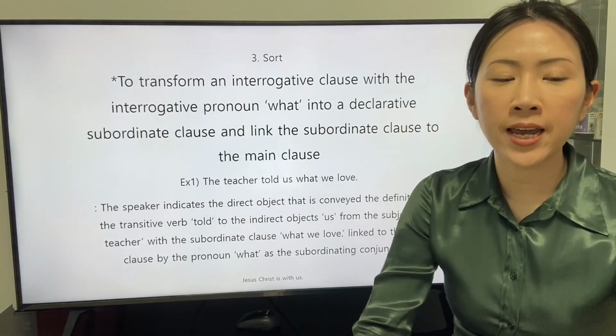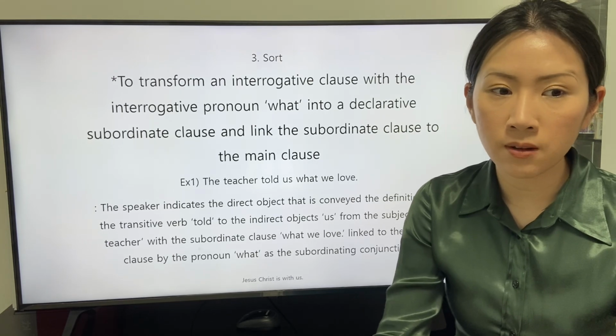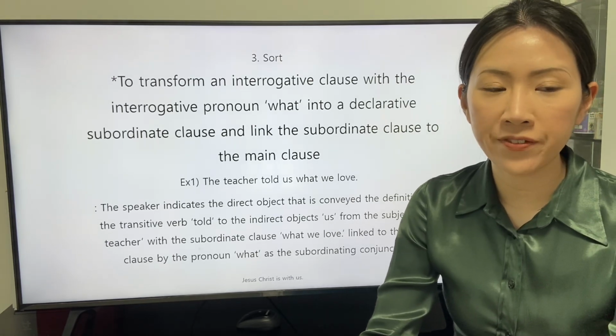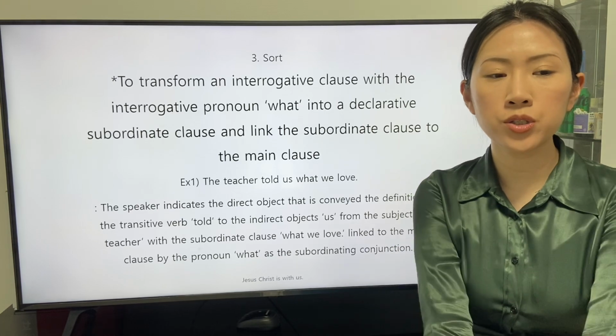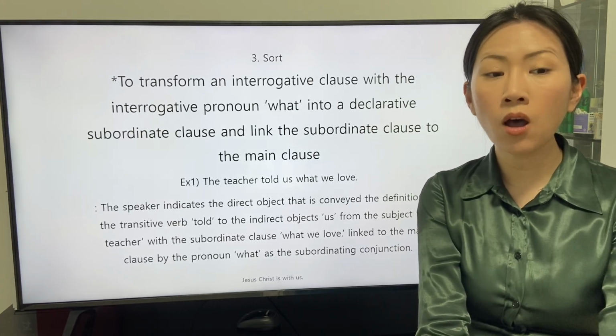The speaker indicates the direct object that is conveyed, the definition of the transitive verb told to the indirect object us.